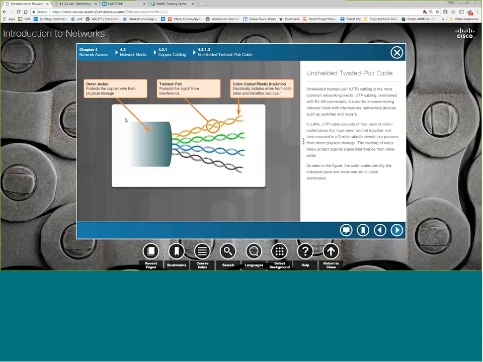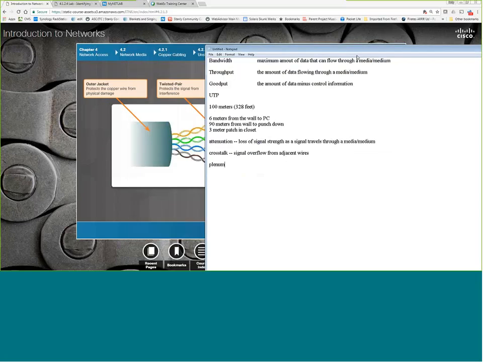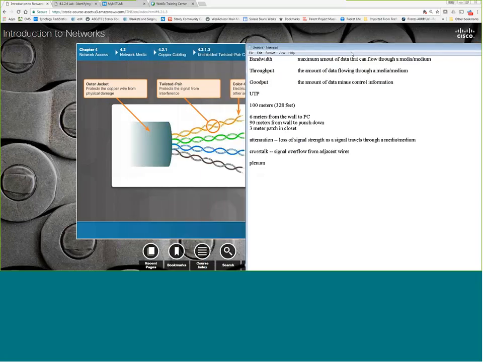Now, one thing I will mention to you, if you've never heard of it before, there's a thing called plenum. Anybody know what the plenum is? Yeah, it reduces the amount of toxic emissions in a fire. Exactly. So if you're running unshielded twisted pair cabling through the walls and ceilings, in many places the fire code requires you to use a special type of cable that is not made of PVC.